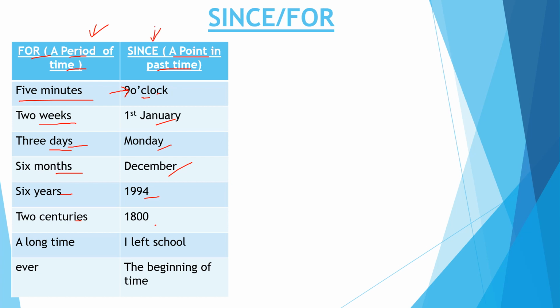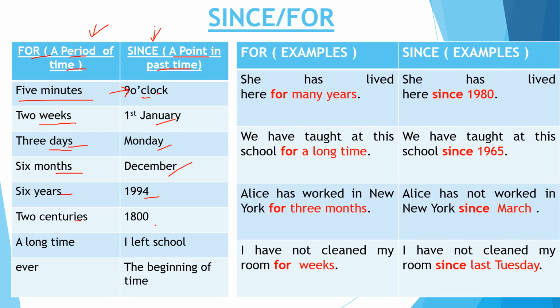Let's see examples now. She has lived here for many years. And with since, she has lived here since 1980. We have taught at this school for a long time. We have taught at this school since 1965.